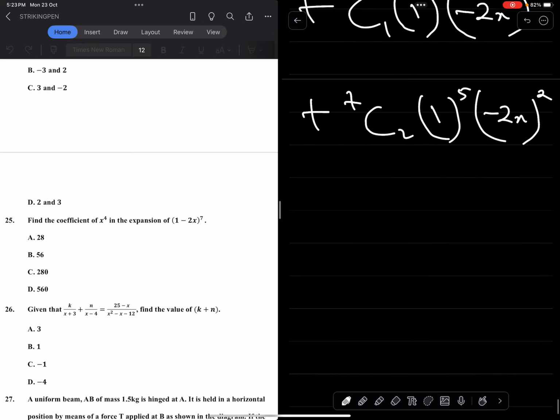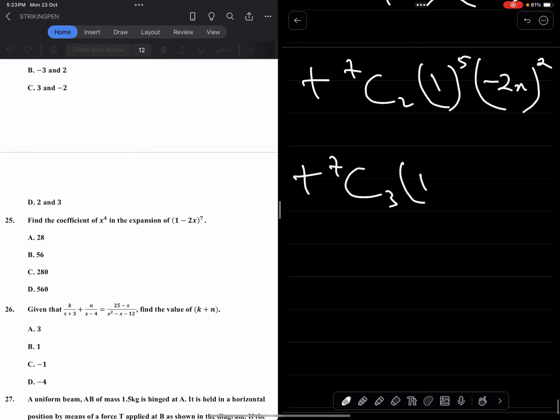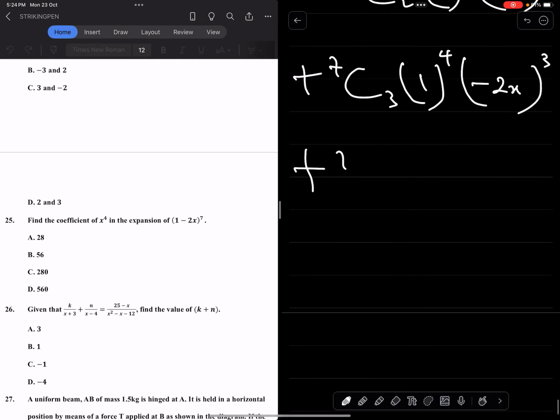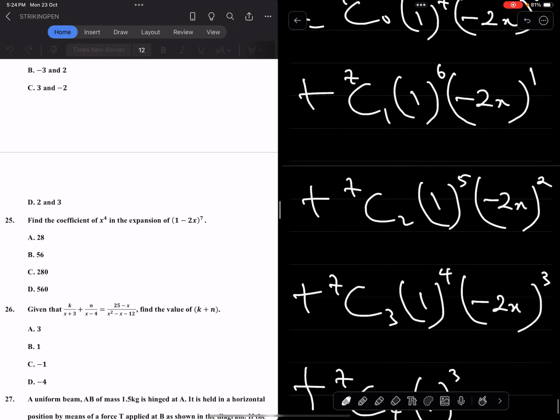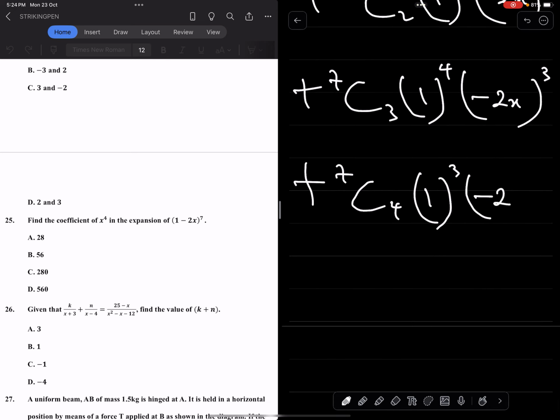We are finding the coefficient of x raised to the power 4, and that will be 7c3 times 1 raised to the power 4 times (minus 2x) raised to the power 3. And the next one is 7c4 times 1 raised to the power 3. The power of 1 keeps decreasing across the expansion, and that of minus 2x keeps increasing.